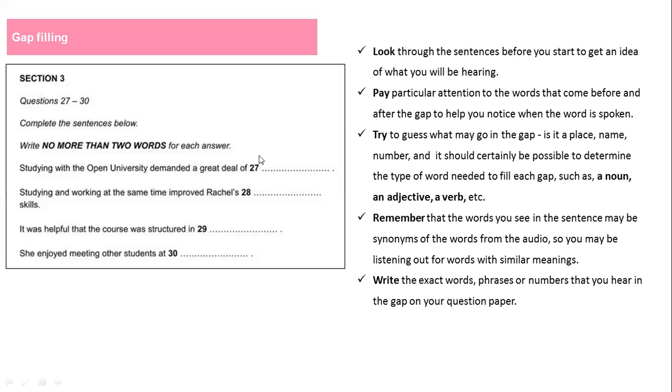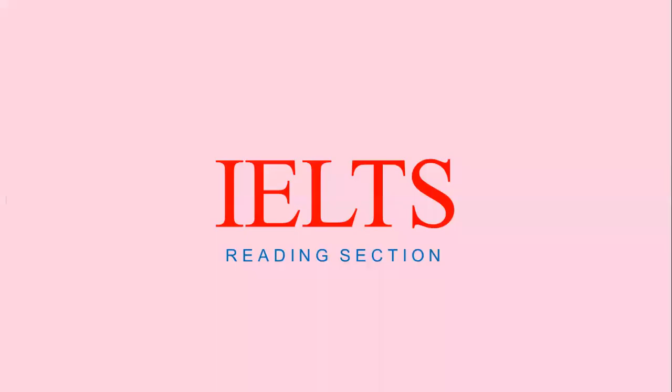Jadi kata-kata yang diisi, ini harus kata-kata yang persis sama dengan apa yang kita dengar dari audio. Jangan sinonimnya, jangan kita bikin sinonimnya lagi, tapi harus persis sama. That's it. Alright?